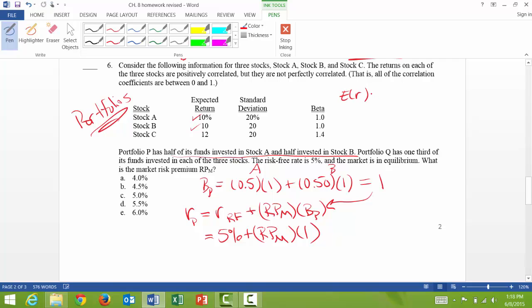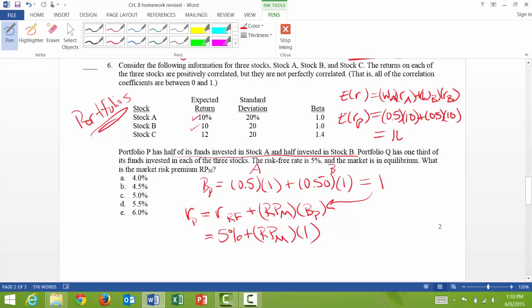The expected return is equal to the weight of A times the return of A plus the weight of B times the return for B. So the expected return for the portfolio is equal to 0.5 times 10 percent plus 0.5 times 10.